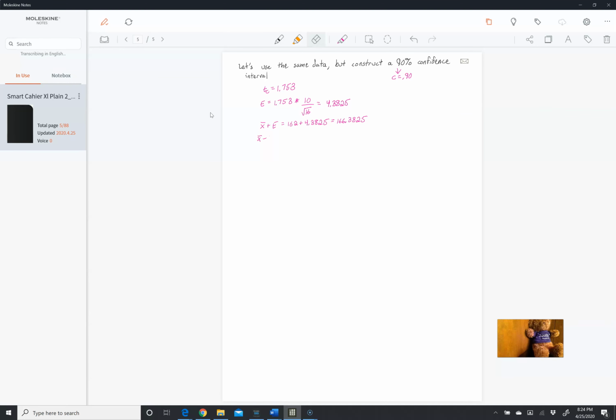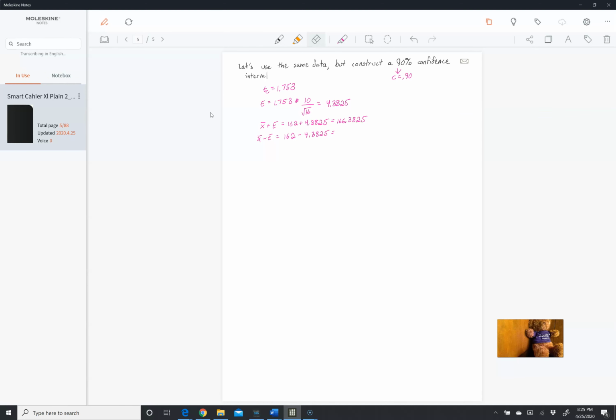Now we do the same thing, but we subtract the margin of error. And again, if you round to the nearest hundredth, that's okay.